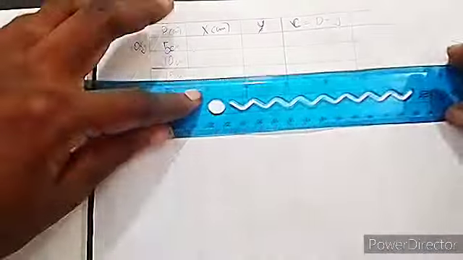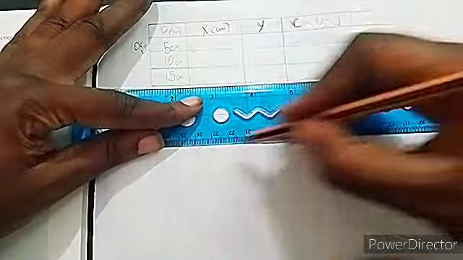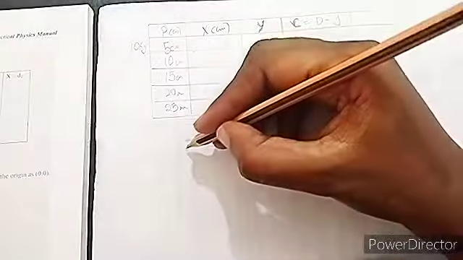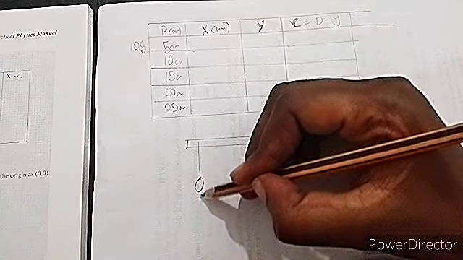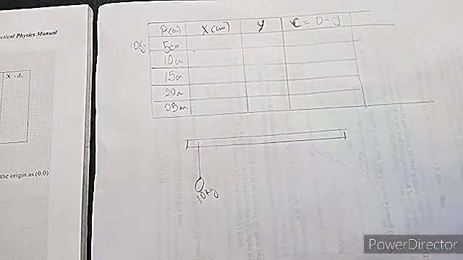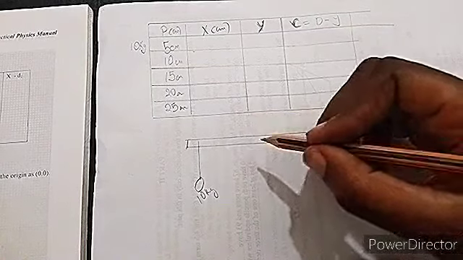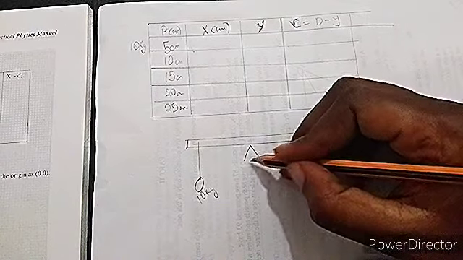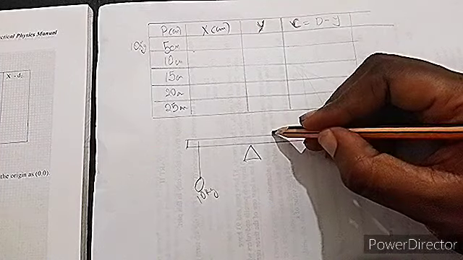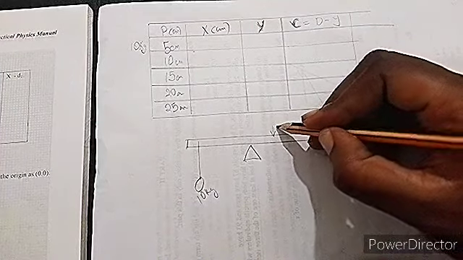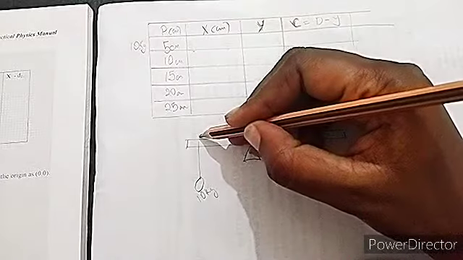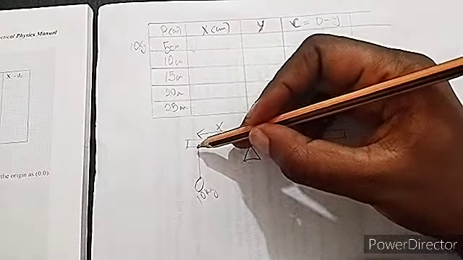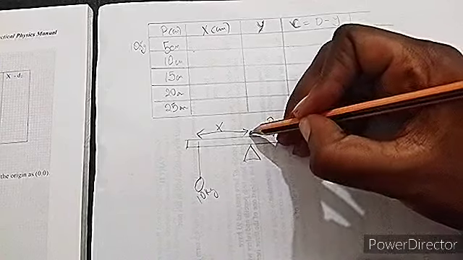All right. So remember that it's the distance of, let's assume this is the ruler. Let's assume this is the meter rule, right? This is the weight of 10 kg. That's what we're assuming. Let's assume this is the knife edge. Okay, this is the original center of the ruler, which is D, at point D. All right, this will be X, the distance from where the weight is and where the ruler balanced.